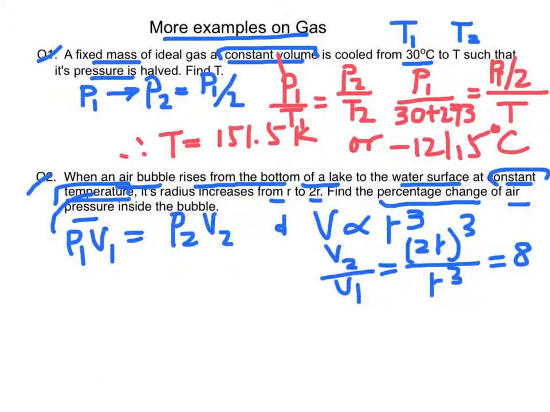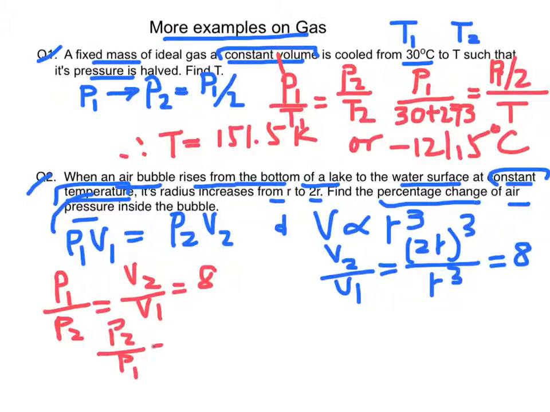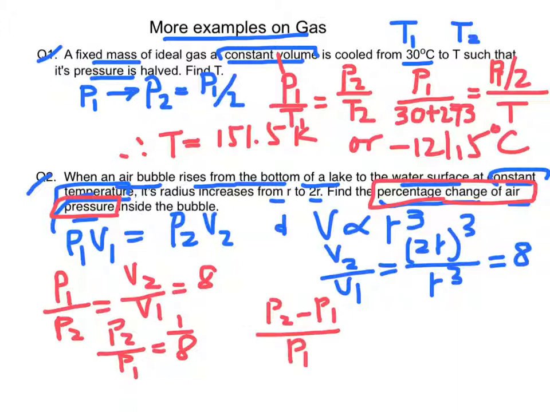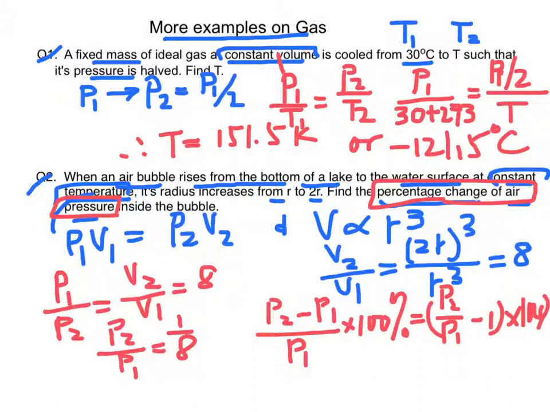Hence, we have P1 over P2 equal to V2 over V1 equal to 8, or P2 over P1 equal to 1 over 8. The percentage change of air pressure inside the bubble is found by P2 minus P1 over P1 times 100%, which is equal to P2 over P1 minus 1 times 100%.